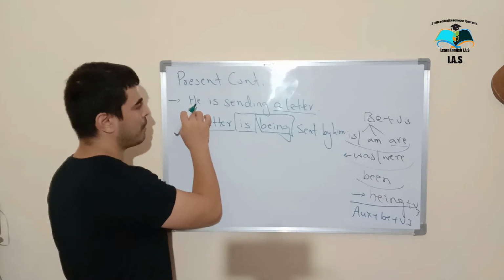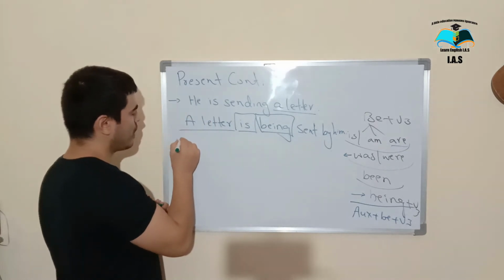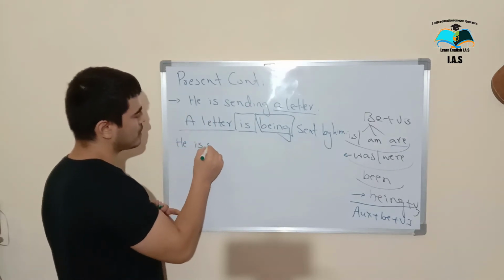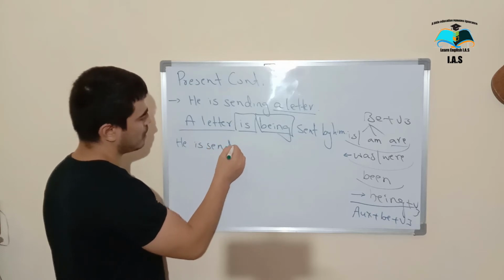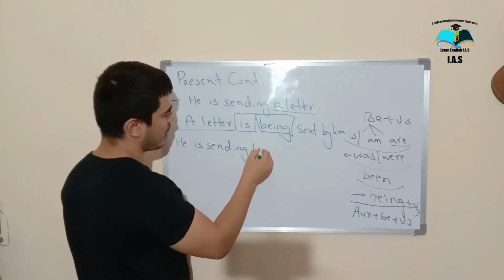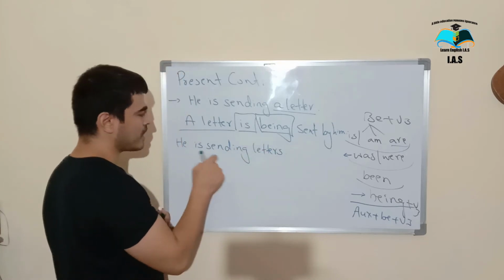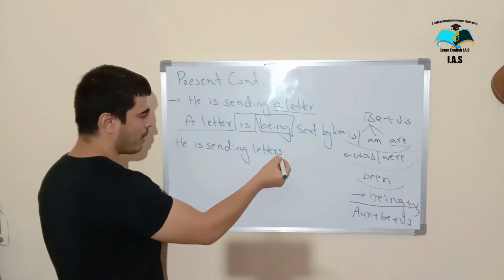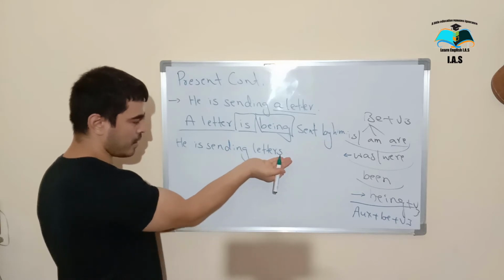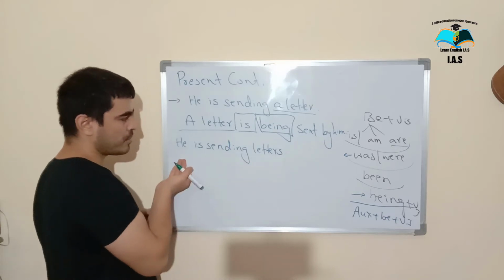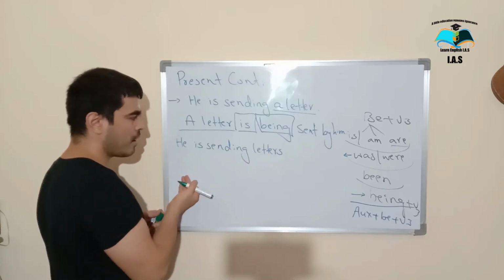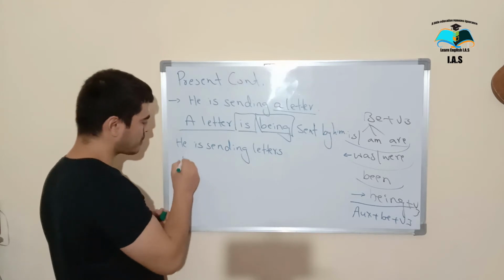Now let's talk about the plural. He is sending letters, right? He is sending letters. Now, how can we change it? First, we have to bring the object of the active as the subject of the passive.